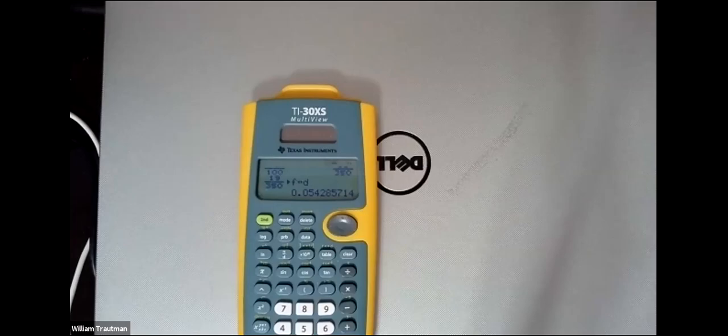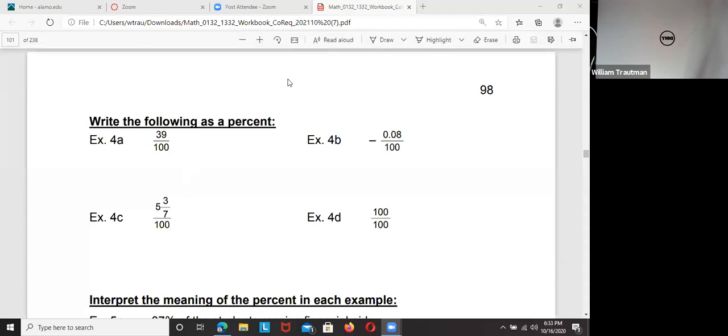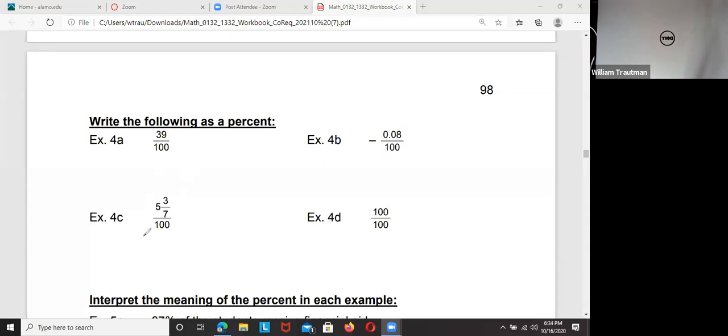I hope you guys are practicing this on your calculator as you're doing it. So my decimal equivalent that I got for this problem is 0.0542857. When I multiply it by 100, I get 5.42857.